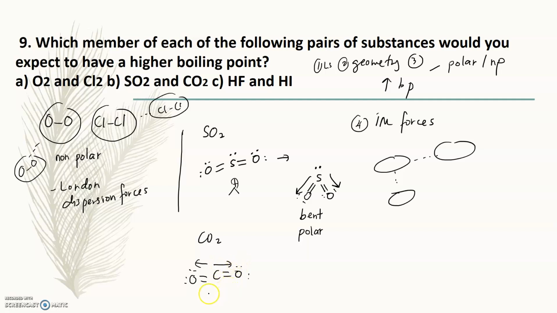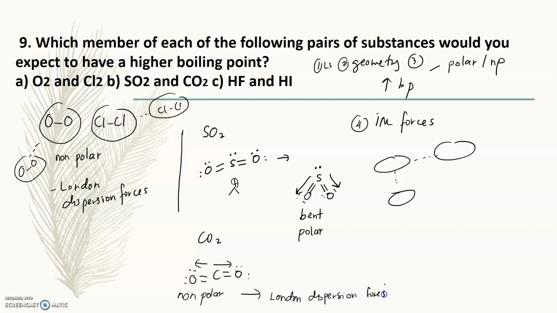So carbon dioxide is non-polar. This one is linear, so we do the dipole moment directions to know whether the molecule is polar or non-polar. So the intermolecular forces between carbon dioxide molecules, being non-polar, it has only one force, which is London dispersion forces.